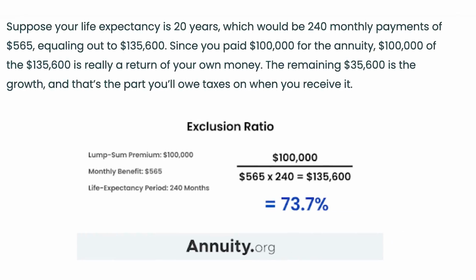Basically what they're saying is, you take $100,000 and you put it into an annuity, and we start giving you monthly payments guaranteed of $565, and we are supposing that you're going to live 20 years, then that will be 240 months of payments, which will equal $135,600, which equates to 73.7%.